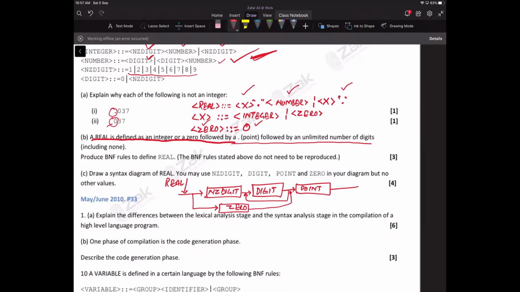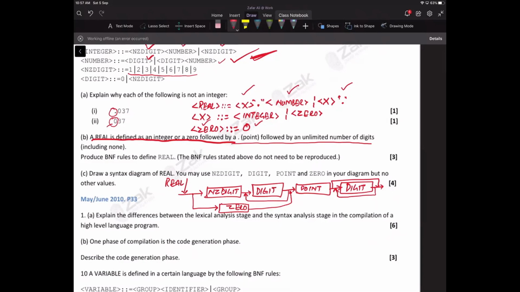So this is the unlimited number of digits and this is none. All right, so that is how it will work.